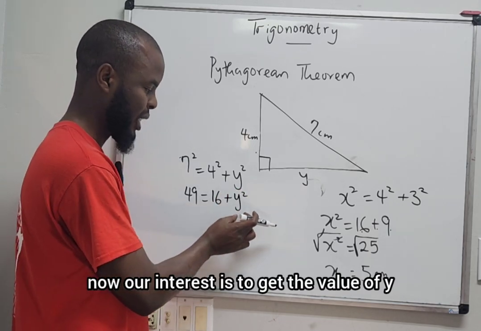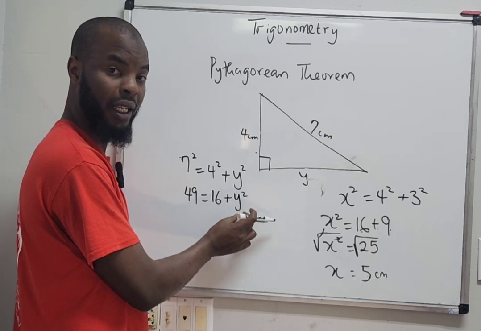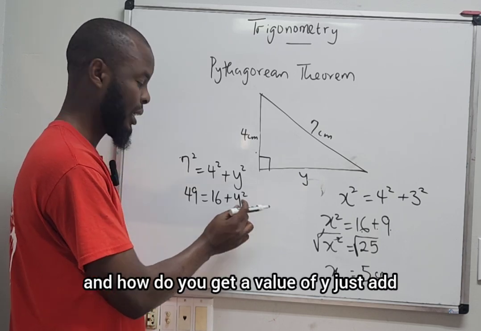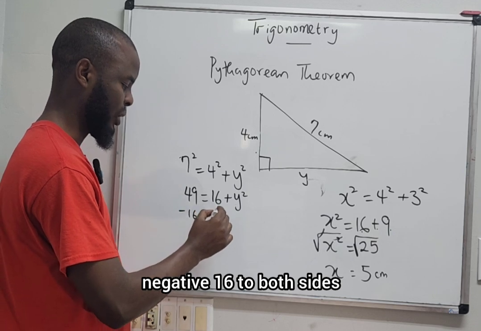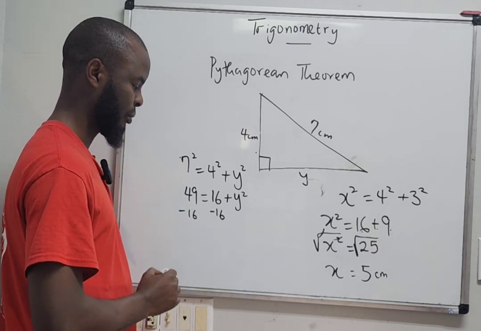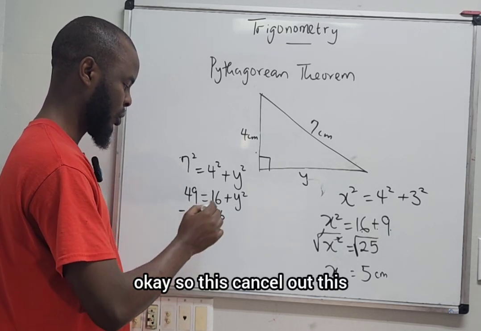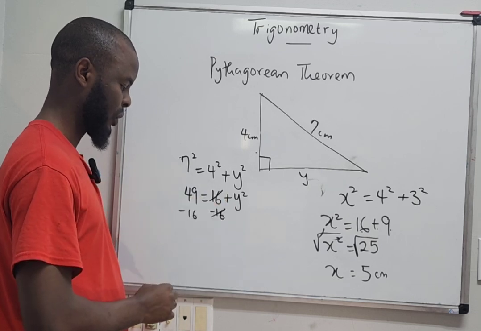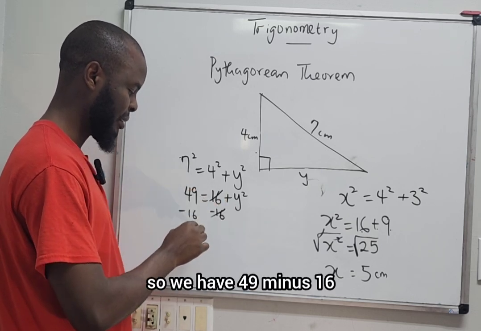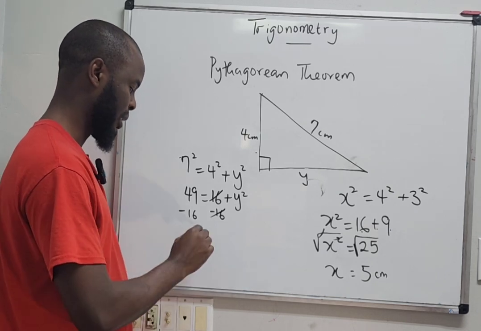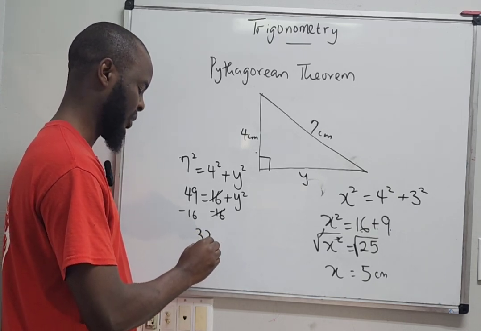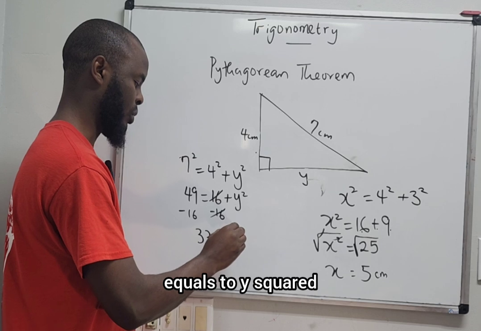Now, our interest is to get the value of y. And how do we get the value of y? Just add negative 16 to both sides. Okay? So this cancel out this. So we have 49 minus 16. And that gives what? 33 equals to y squared.